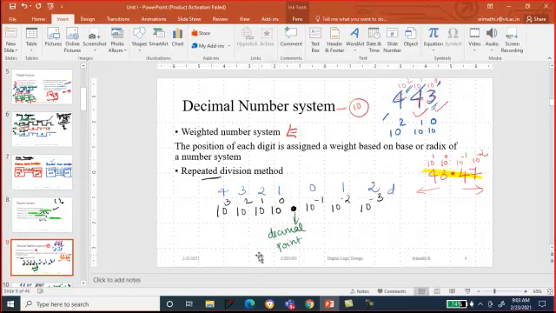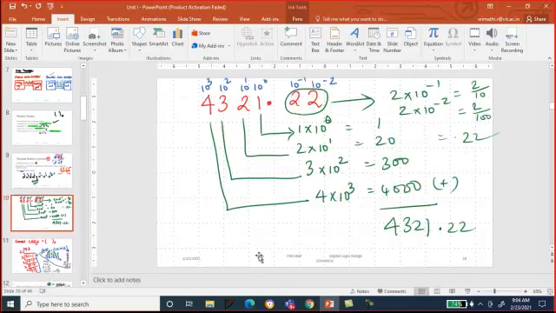And usually we convert a normal decimal number to a binary number by the repetitive division method. Before the decimal point the weights will be 10 power 0, 10 power 1, 10 power 2, 10 power 3, and it goes on, because the radix of the decimal number is 10.